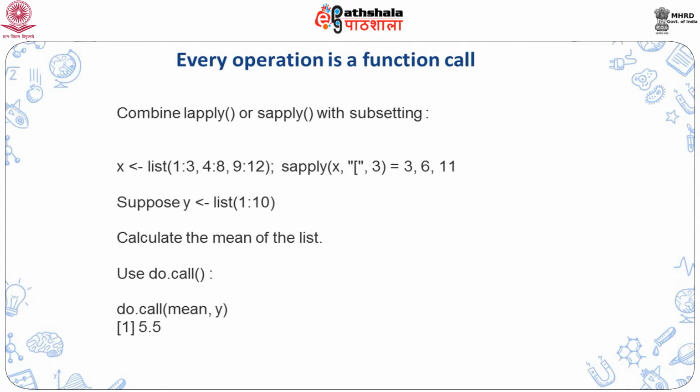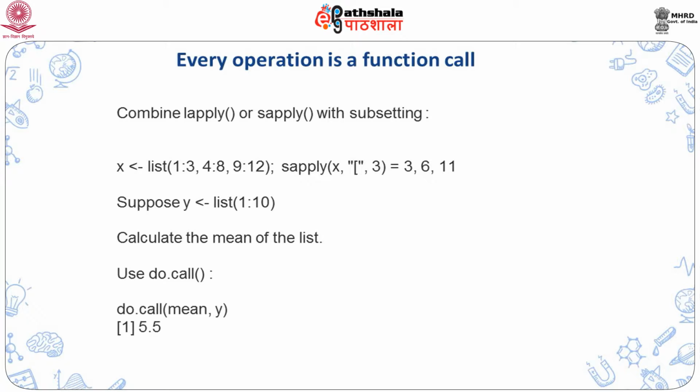Now, suppose you had a list of function arguments. How could you then send that list to a mean function? Here you need to use do.call. A more useful application is to combine lapply or sapply function with subsetting. Let us see how it works. Here let us have a list which contains 1 to 3, then 4 to 8 and then 9 to 12, and we are assigning all these numbers to the variable x.